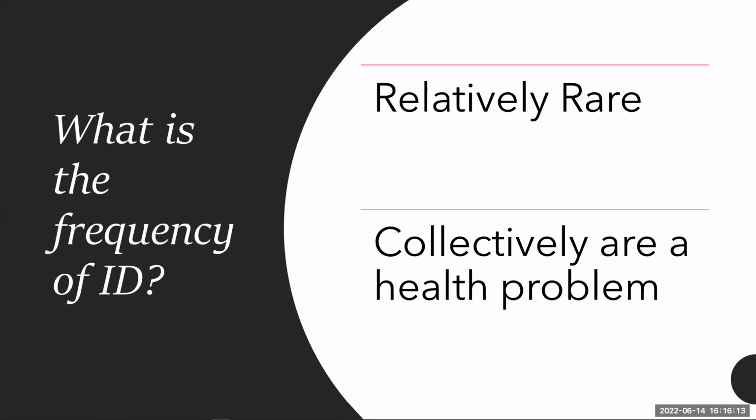And this is looking at the US population. Other primary immunodeficiency diseases are much less common and occur with a frequency of between 1 in 10,000 and 1 in 100,000. Now, because there are so many primary immunodeficiency diseases, collectively, when they are taken together as a group, they do become a significant health problem.